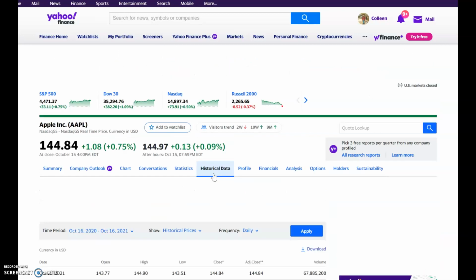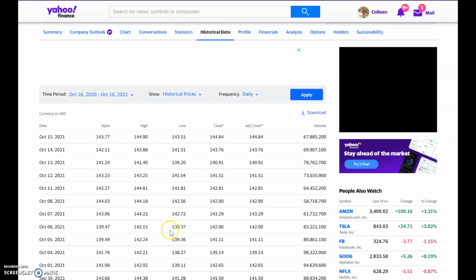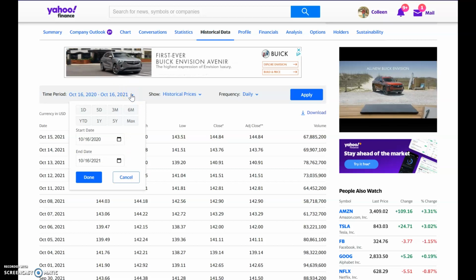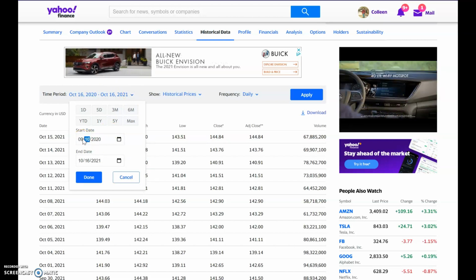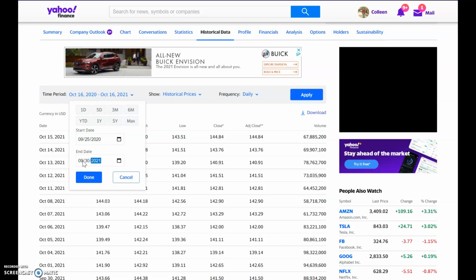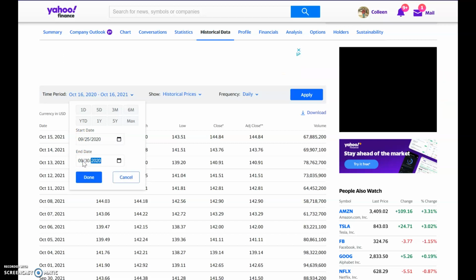So you go to historical data and here are all of the stock prices. You can go back and see the stock prices. We want to change the time period. So we want to know what it was on, I'm going to put in 09, I'm just going to give it a little bit of leeway, 2020. The end date, I'm going to put 09/30/2020, right?